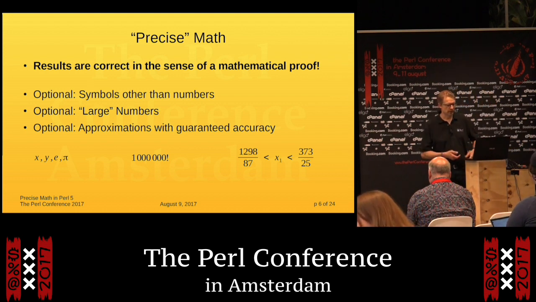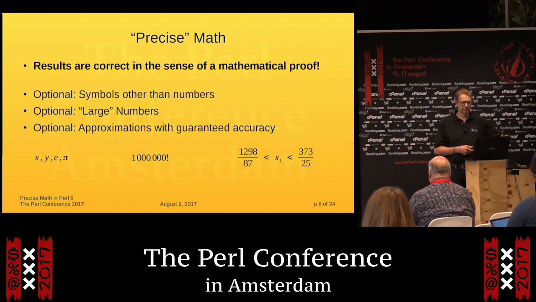So we are talking about software that can handle mathematical entities precisely, correctly, hopefully. Some of these programs come with additional bells and whistles, like being able to deal with arbitrary symbols, or can in any way carry mathematical facts through a calculation.